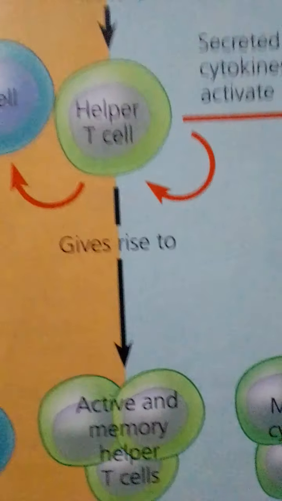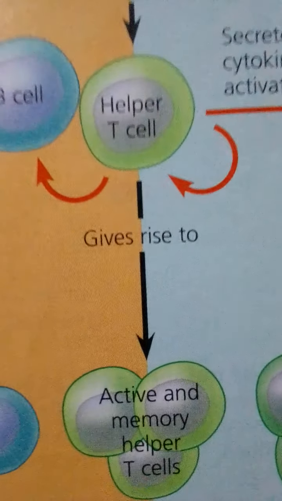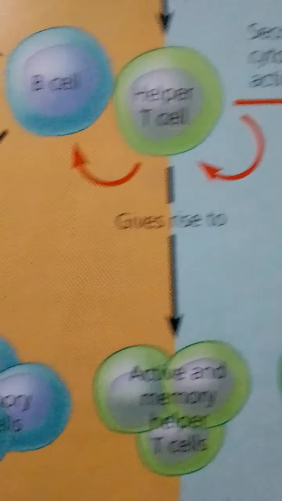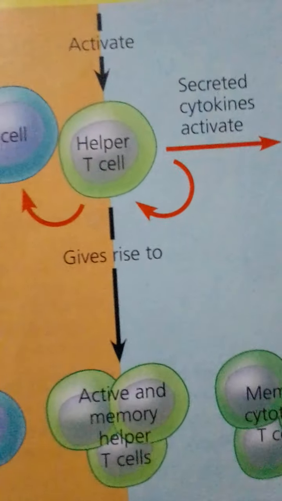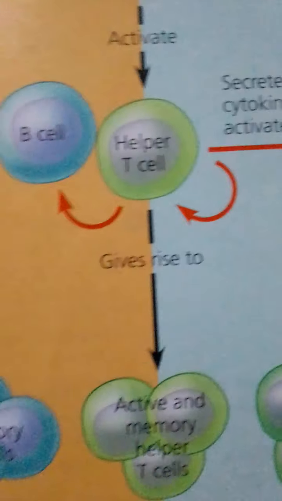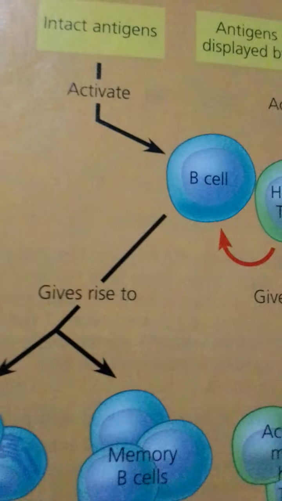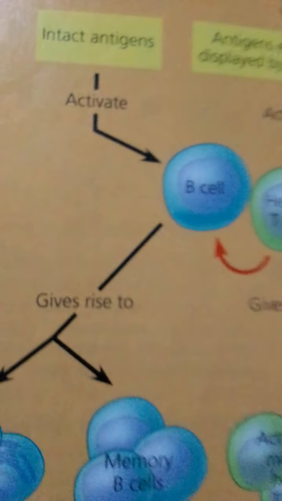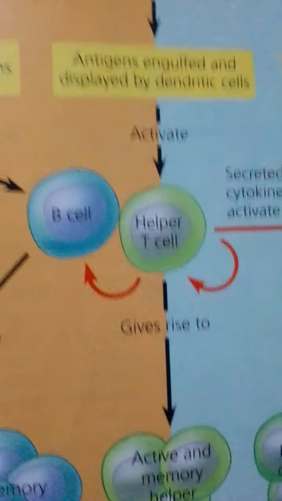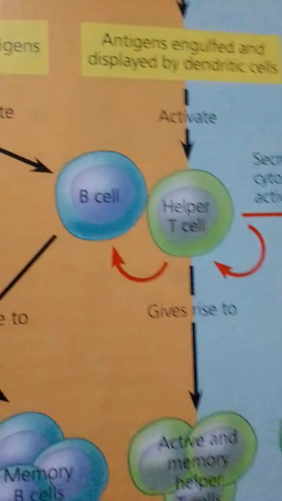When a helper T cell encounters and recognizes a class II MHC molecule-antigen complex on an antigen-presenting cell, the helper T cell proliferates and differentiates into a clone of activated helper T cells and memory helper T cells. A surface protein called CD4, present on most helper T cells, binds the class II MHC molecule.